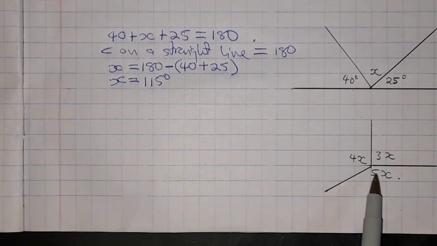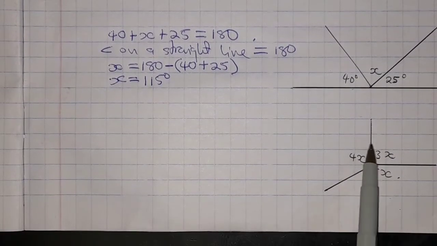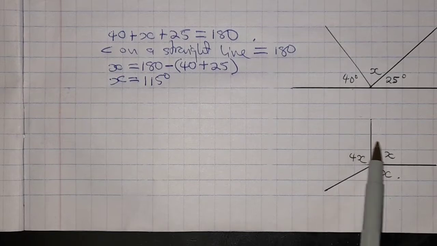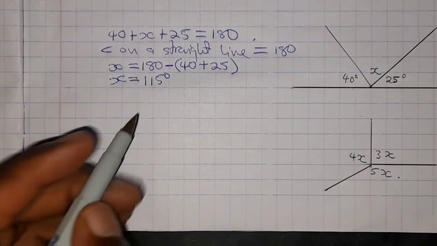Okay, this one we have got 3 angles here, and these 3 angles are completing a revolution, right? Complete circle. We call these angles around a point, right?